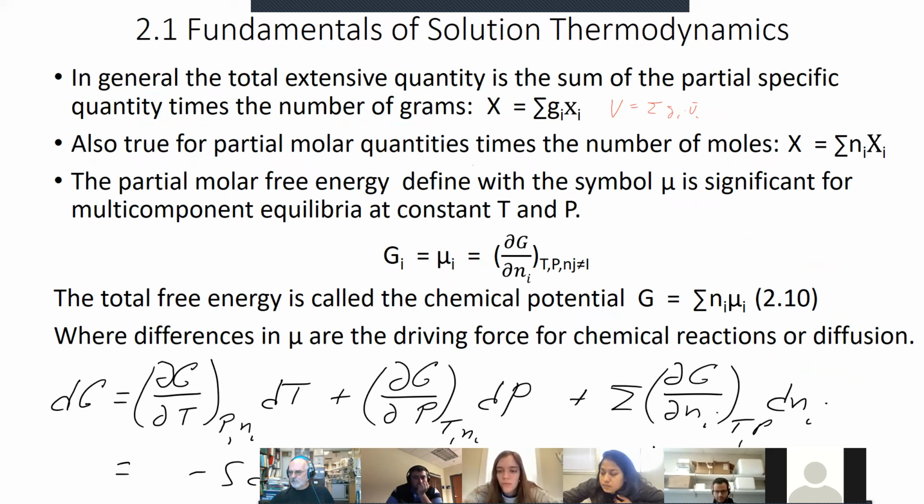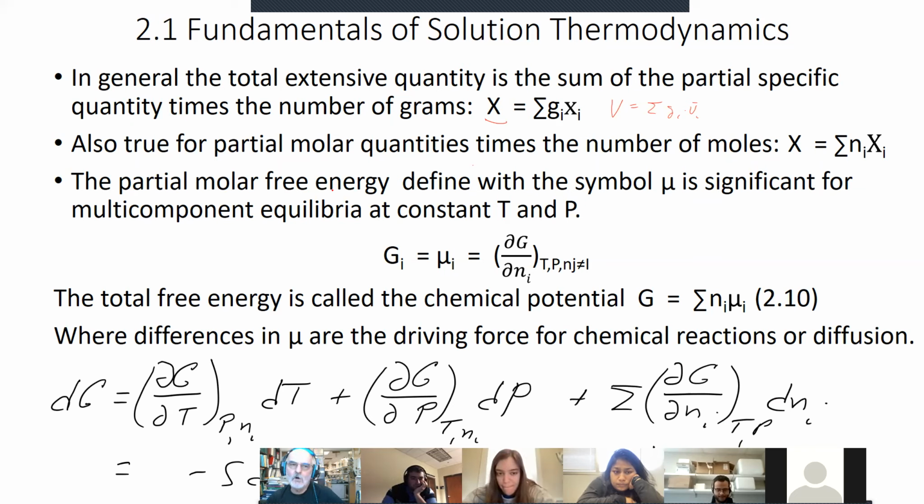And you can do the same thing for partial molar quantities. So we introduce this with volume because it's a nice way, generally, and with volume, any extensive parameter. But what we really want to do is apply this to some other quantities that become more useful.